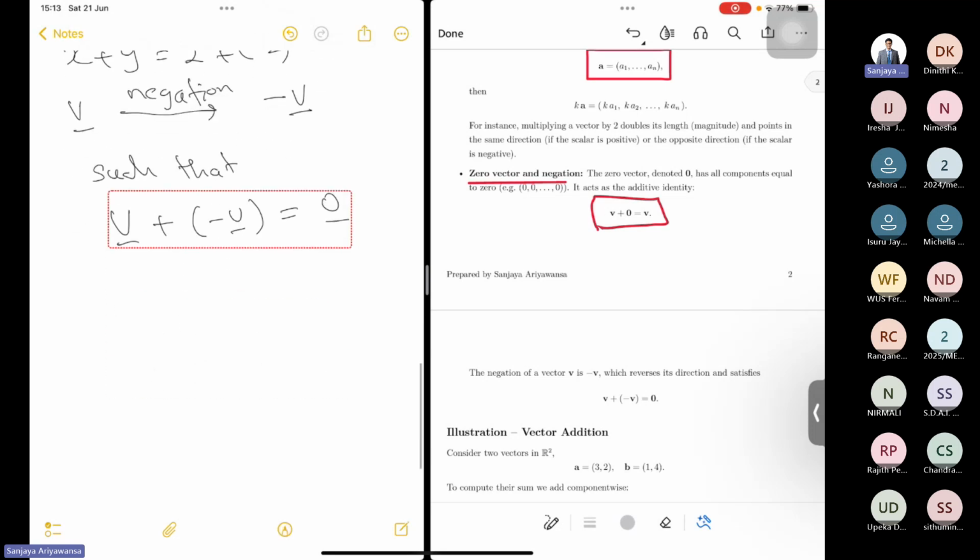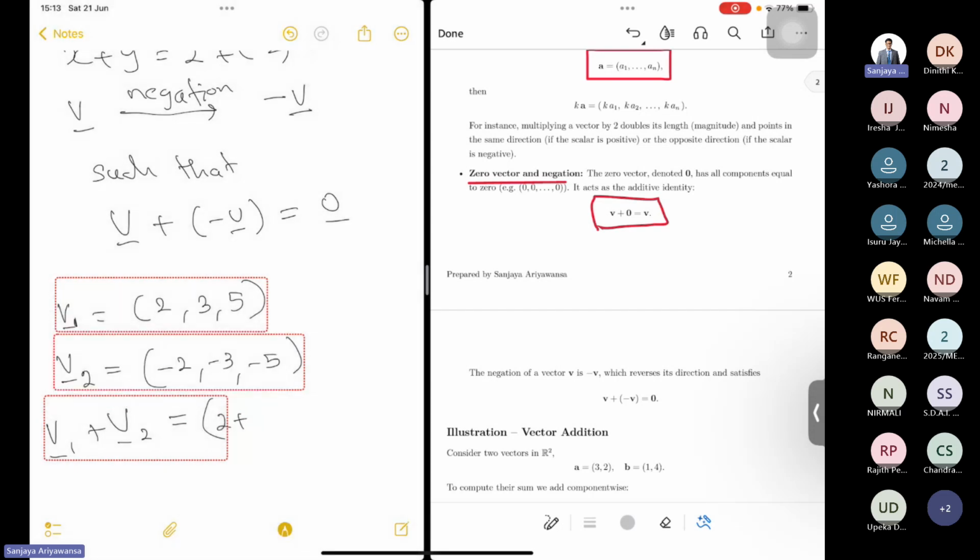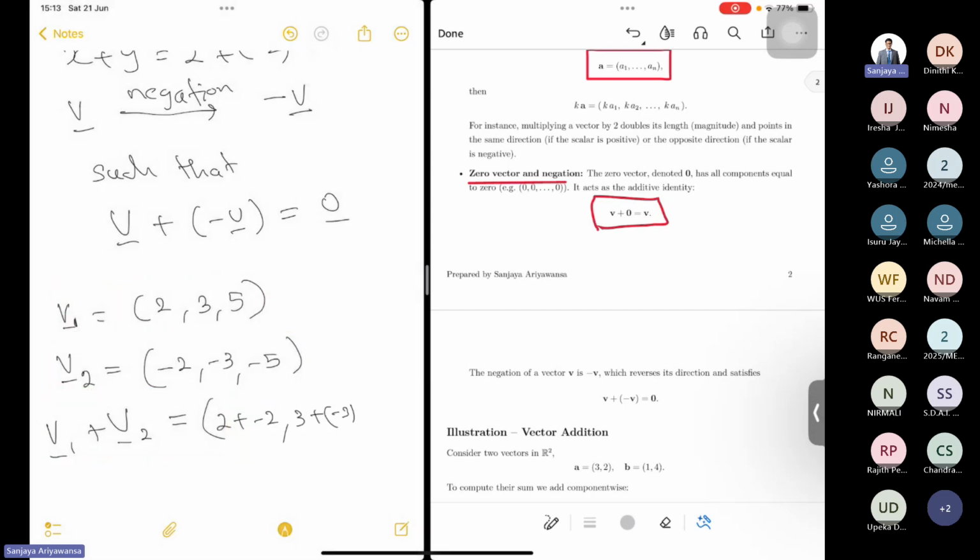Now, for example, let's take v to be 2, comma 3, comma 5. Let's take this as v1. Then let's take v2, another vector, which is minus 2, minus 3, minus 5. So if you were to add v1 and v2, what do you get? You add the first two, 2 plus minus 2. You add the middle two, 3 plus minus 3.